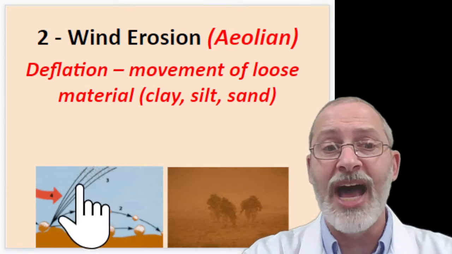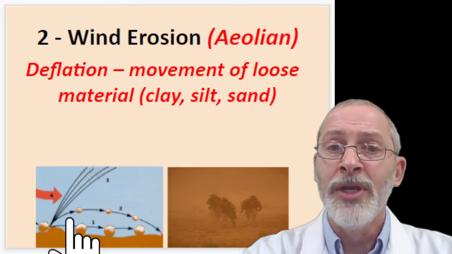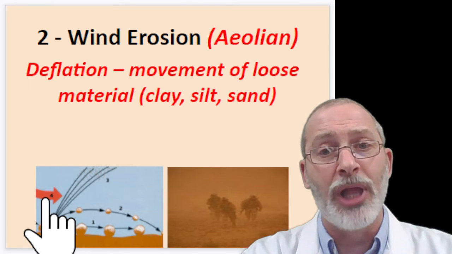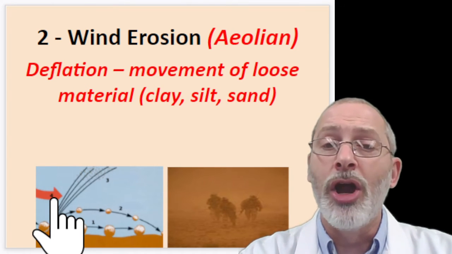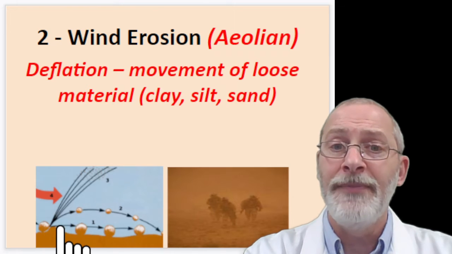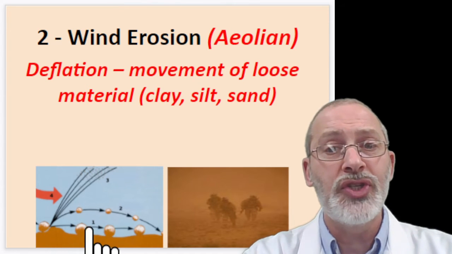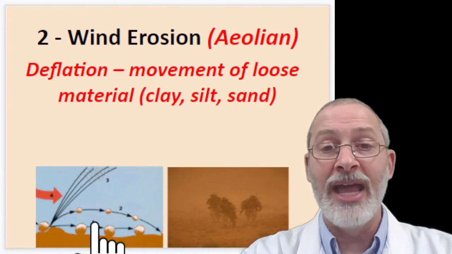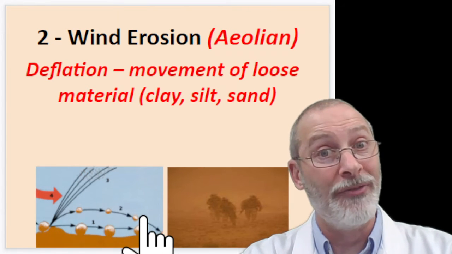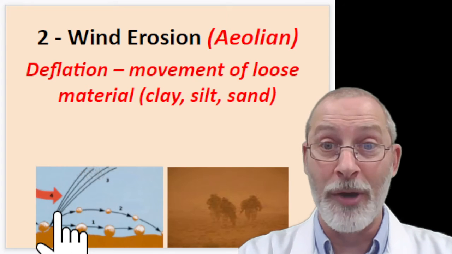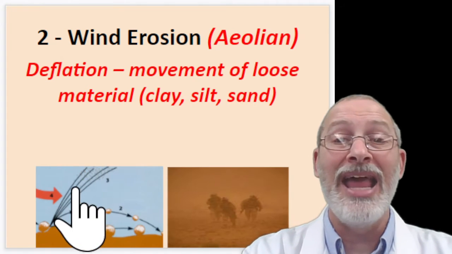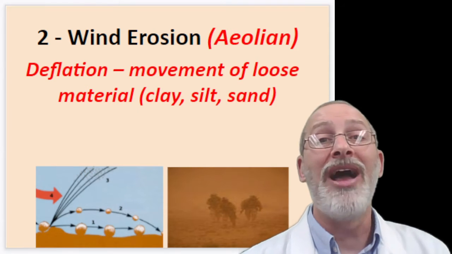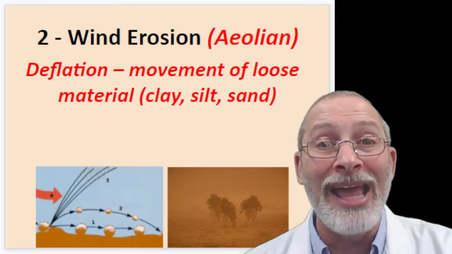If we look at this diagram here on the left, we can see how wind, indicated by the red arrow, is blowing from left to right. Larger particles like sand will move closer to the surface. Smaller particles like silt can actually travel higher above the ground. Really small particles like clay can actually be carried up into the upper atmosphere and travel thousands of miles.